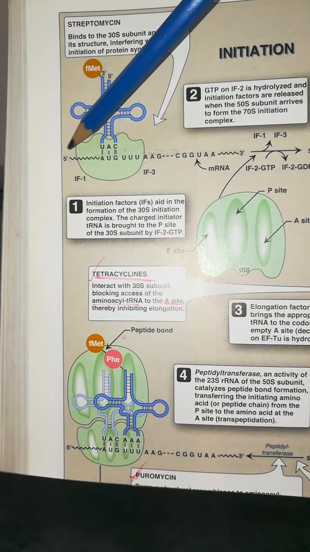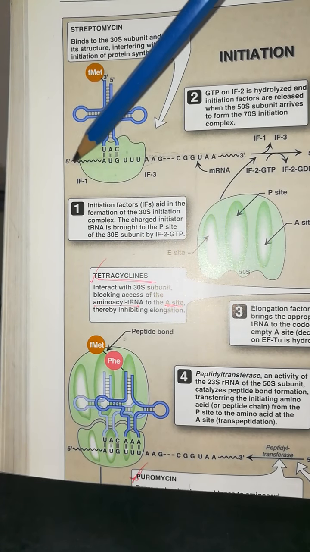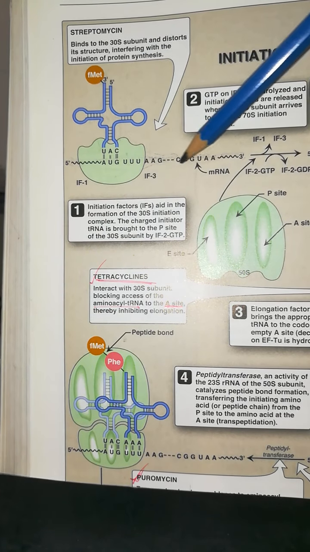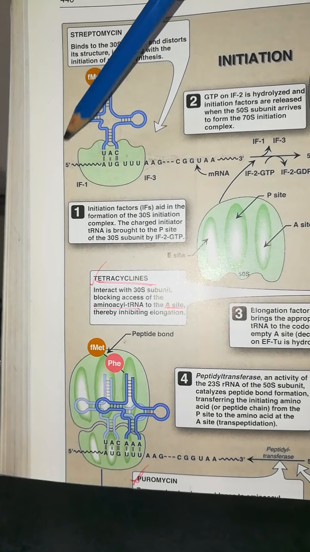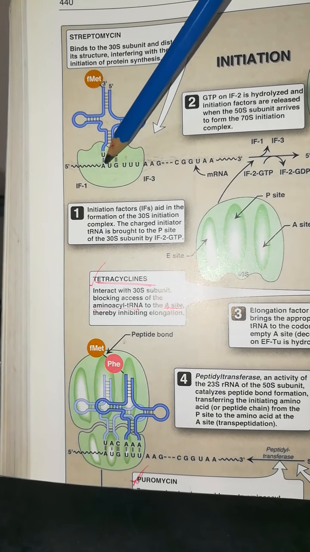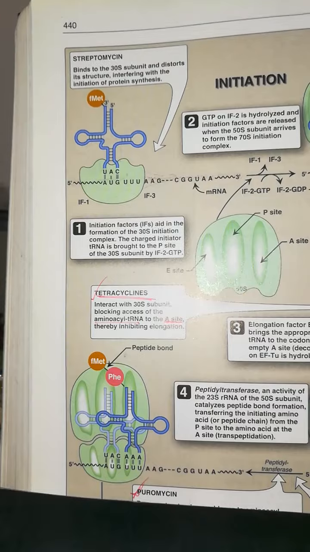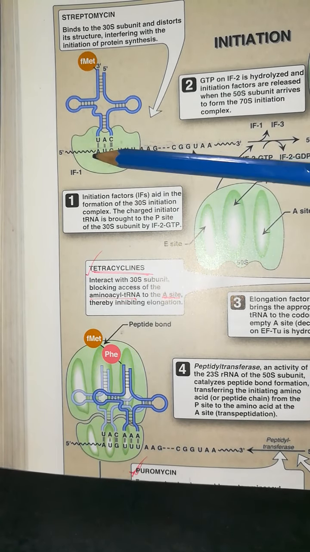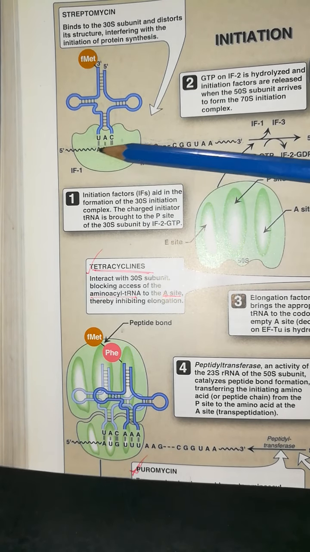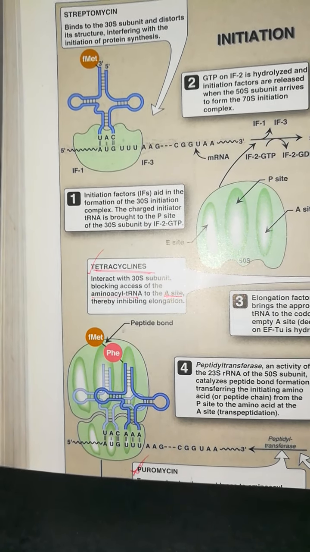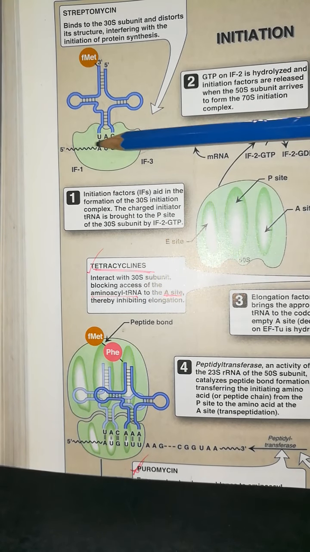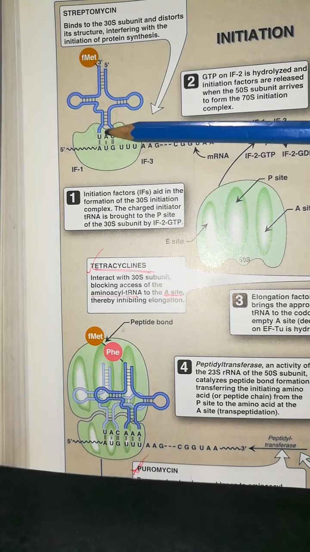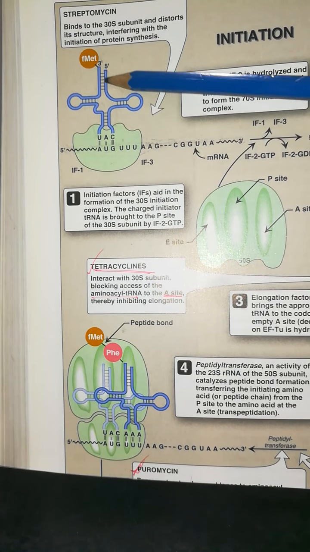Now, at first, this small ribosomal subunit combines with this mRNA at the 5 prime end and starts scanning for the initiating codon. When the initiating codon AUG is found by the small ribosomal subunit at the 5 prime to 3 prime end of the mRNA, then its anticodon comes with the tRNA.